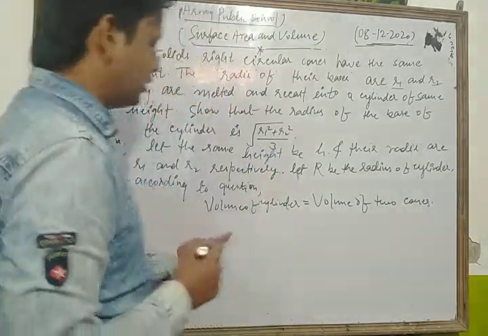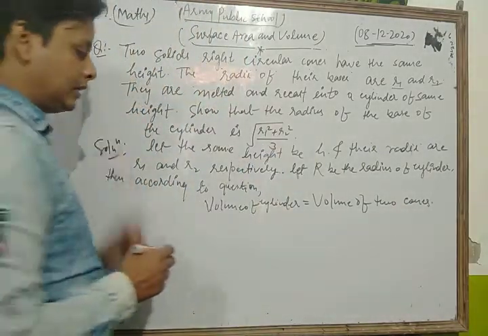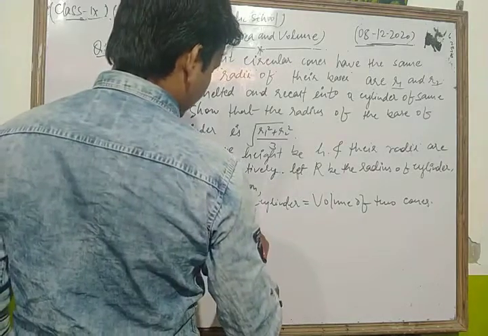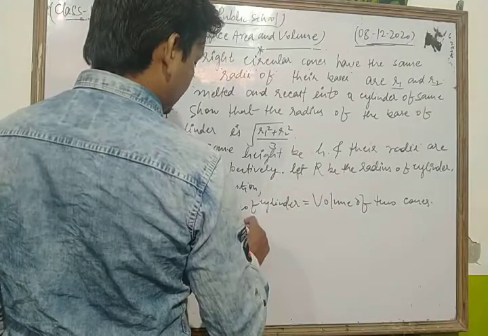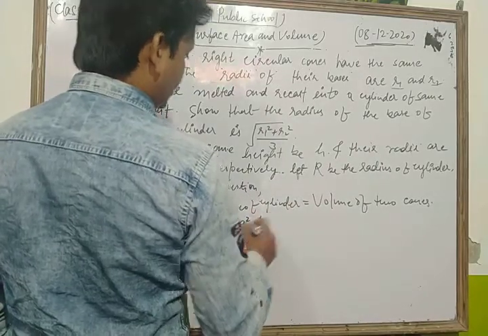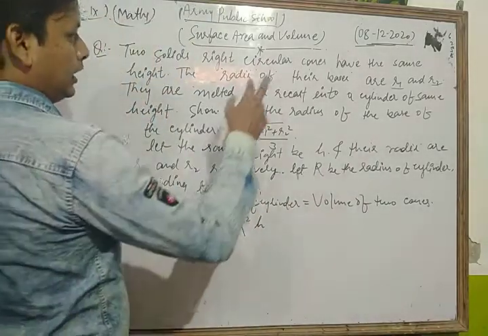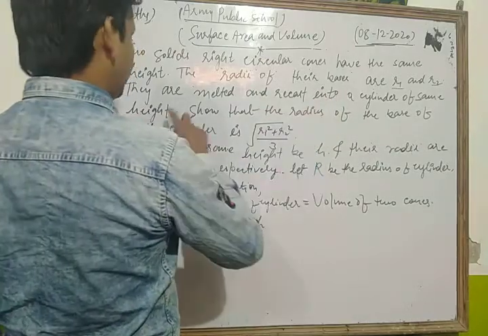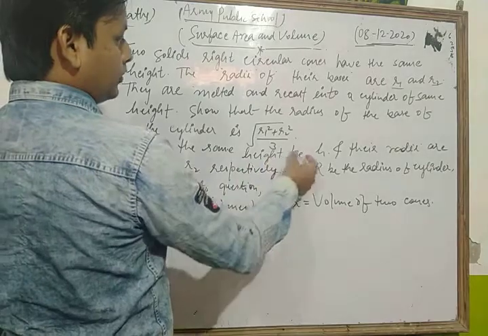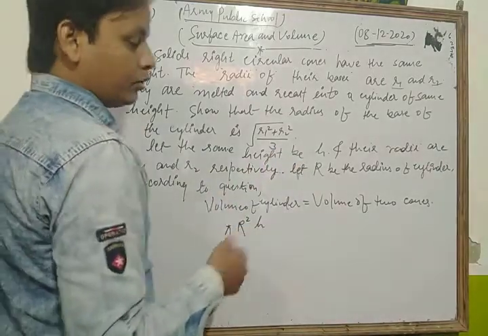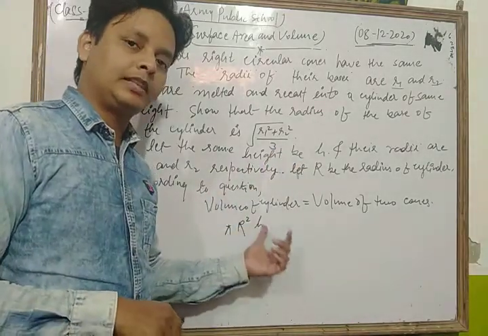We know the formula for the volume of the cylinder is pi r square h. We take capital R as the radius of the cylinder, so here pi R square into h, and because the height of the cylinder is the same as the height of the cone, which we let be h, in the cylinder we take the same height h.